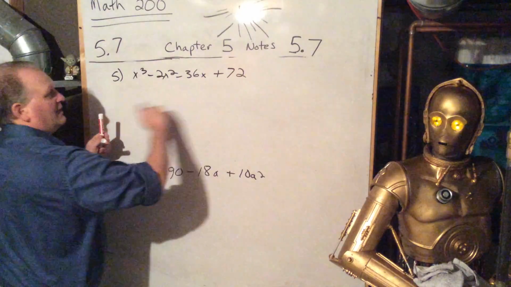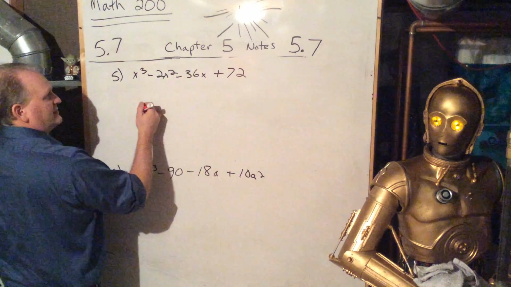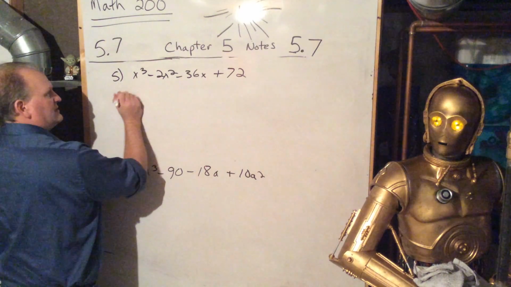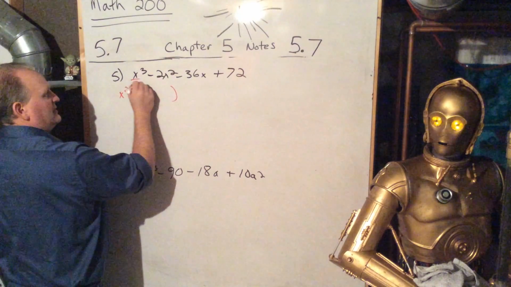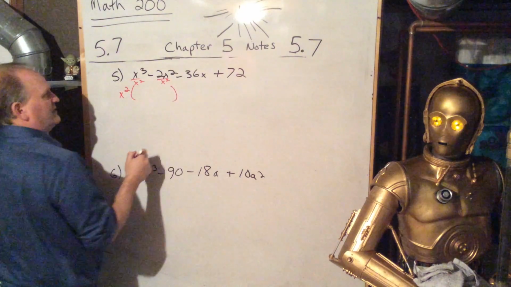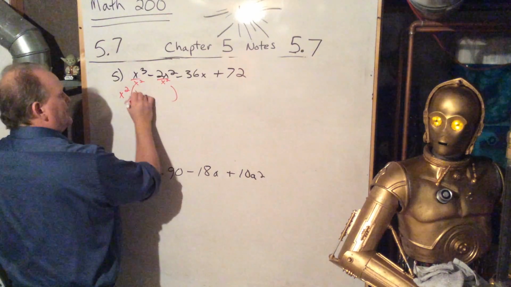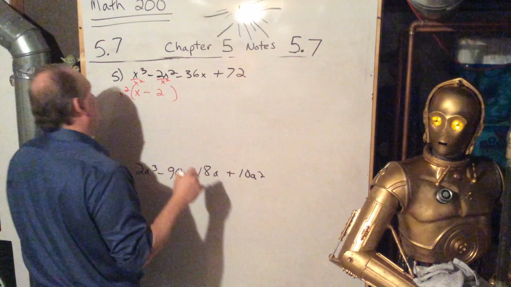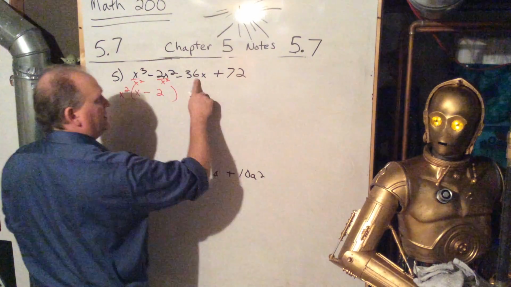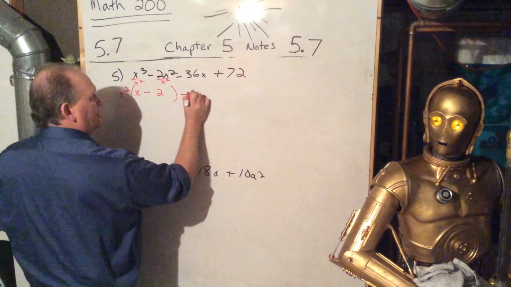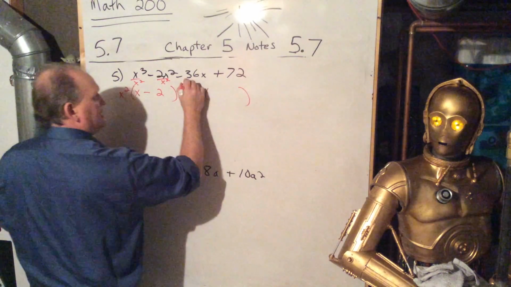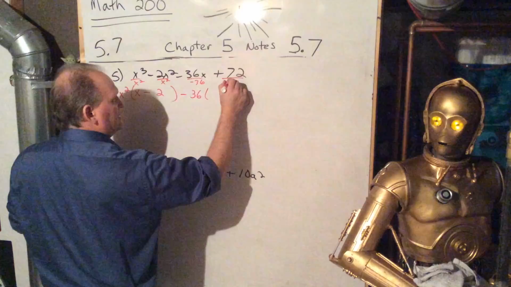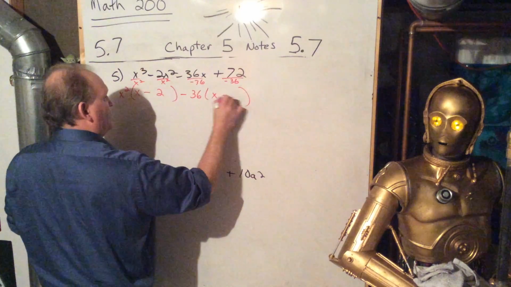So, factor by grouping, greatest common factor. X squared comes out. X squared there, x squared there. And so that's x minus 2, and then factor out a negative 36, negative 36, that's x minus 2.